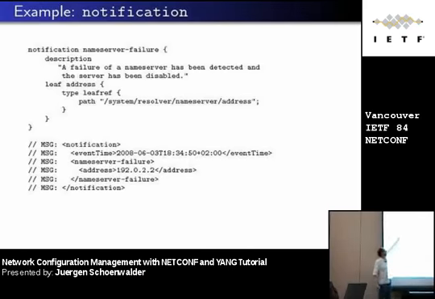So I write down that this is a leafref to some other leaf, and here's a path expression of the path in the schema tree to reach that particular leaf. So it's constraining it to one of the main server IP addresses. On the wire, you would get a message notification with the main server failure and the address, and for all notifications there's automatically an event time included.